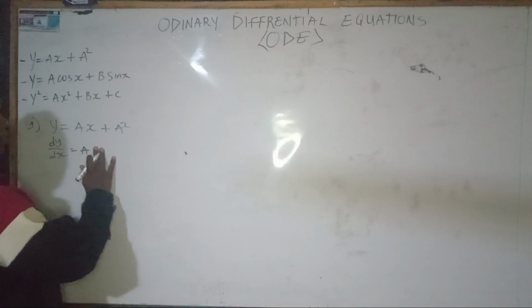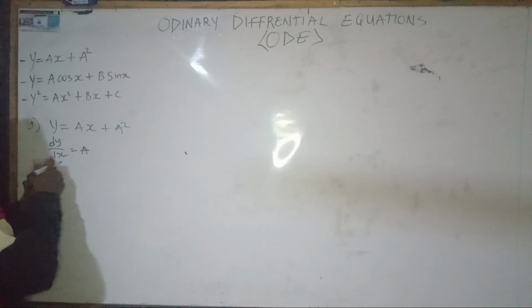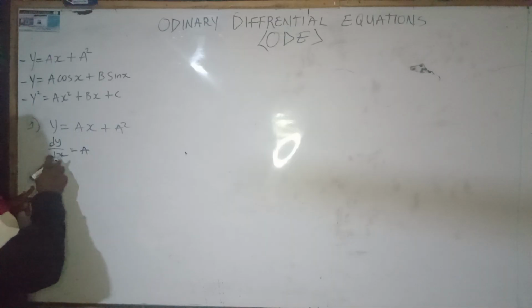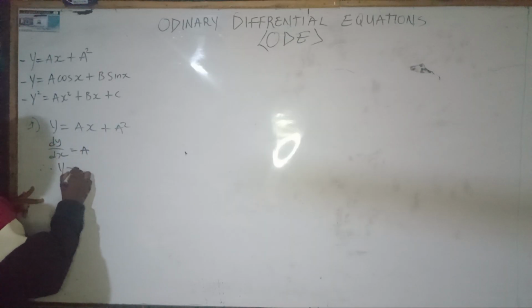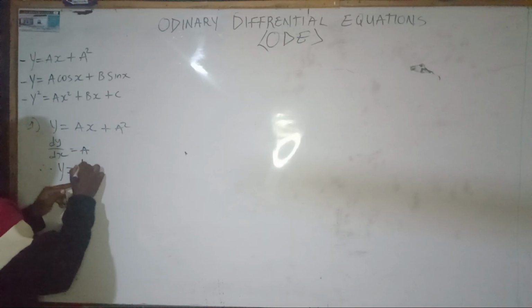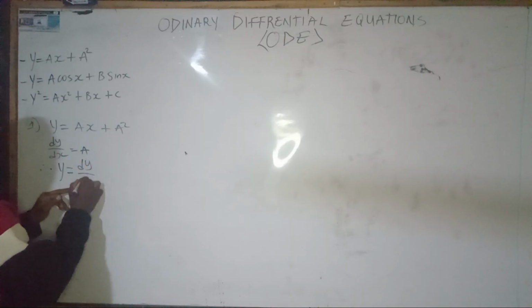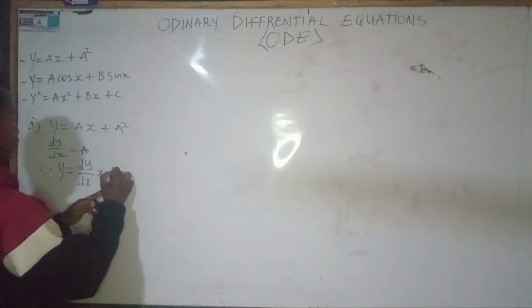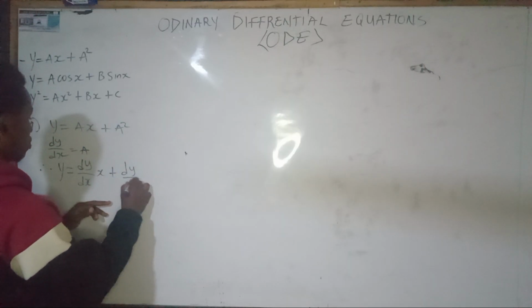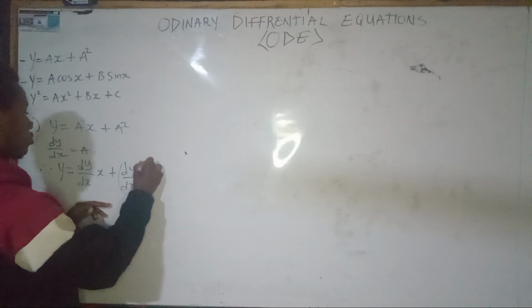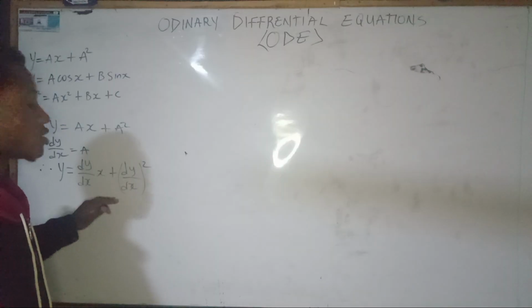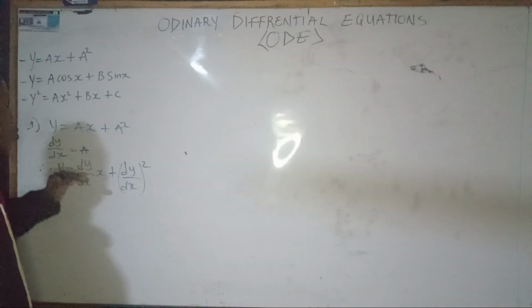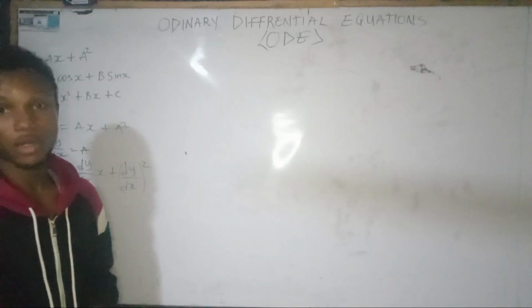From here, if a = dy/dx, then anywhere we see a, we put dy/dx. So our y = (dy/dx)x + (dy/dx)². Now this is the differential equation, and the earlier one is the ordinary equation. We converted this ordinary equation into its differential equation.